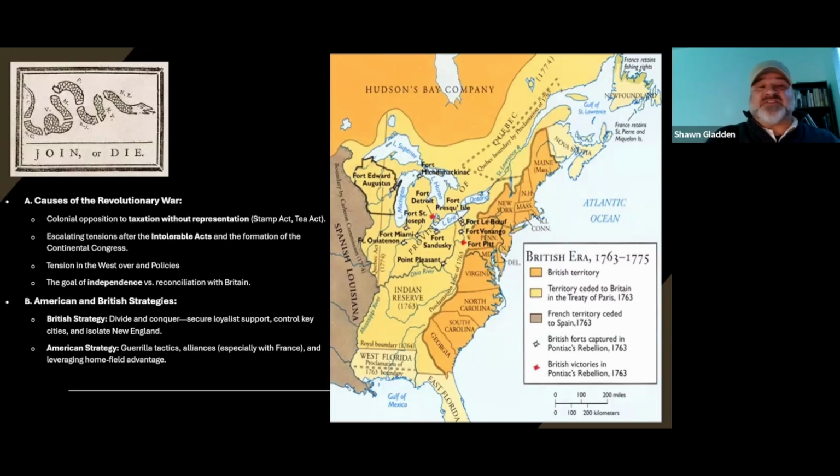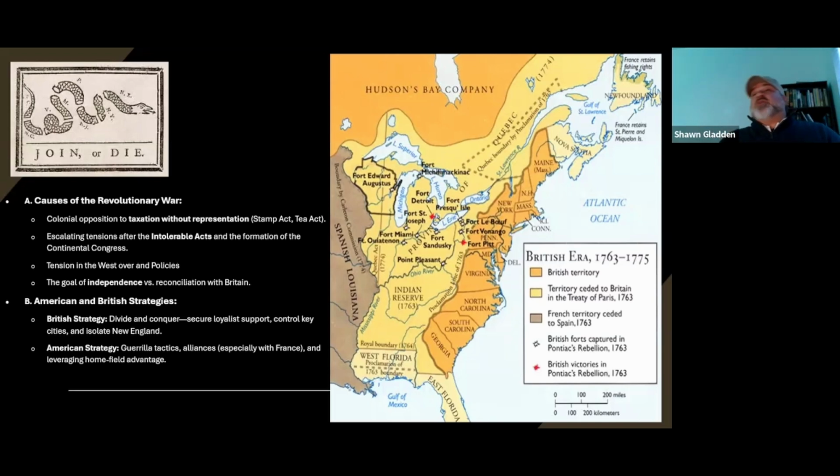Now, from the British Empire standpoint, they realized they had to control key cities like New York City and Philadelphia. They wanted to isolate New England. New England were the radicals, as they saw it, and they had no support there. So they wanted to set up their bases of operation in places where they did have some support, in some of the port cities where they still had friends they were doing business with.